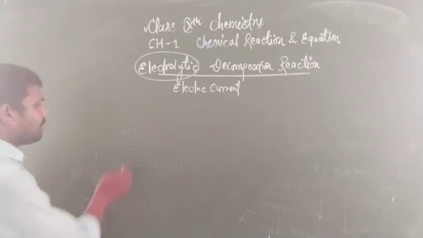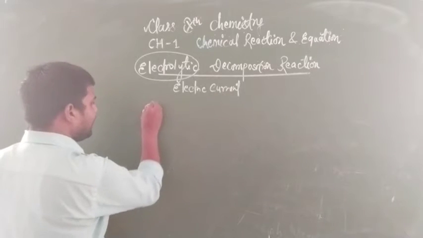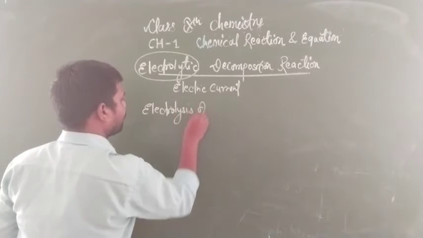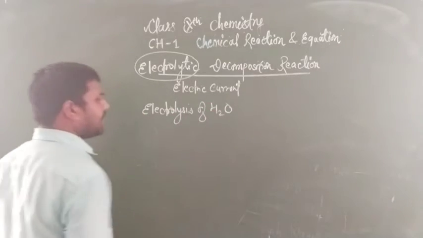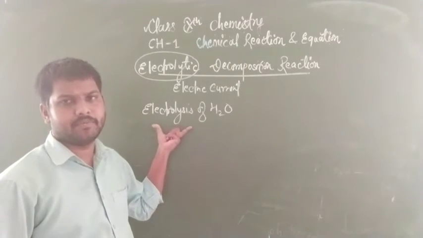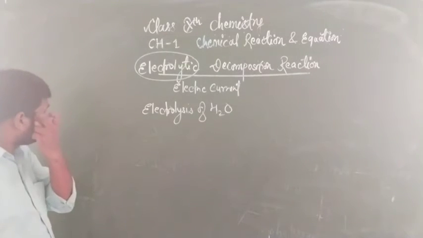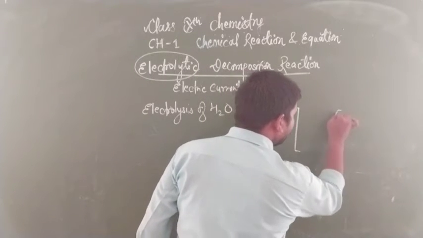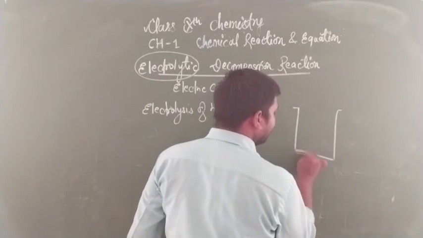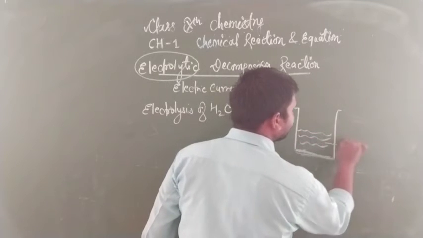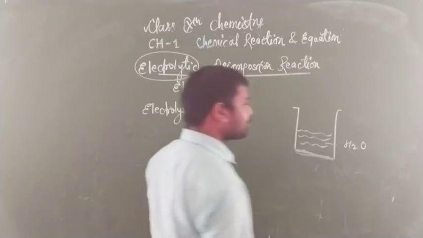Okay? So the example is electrolysis of water. Electrolysis of water means we break the compound water with the help of electric current. So now, take the vessel children and fill it with pure water.